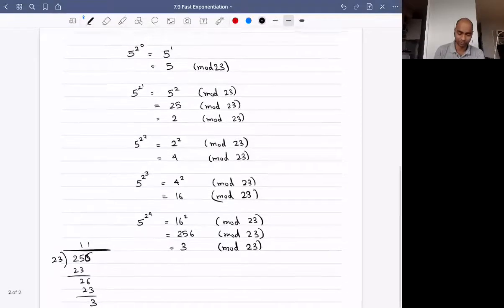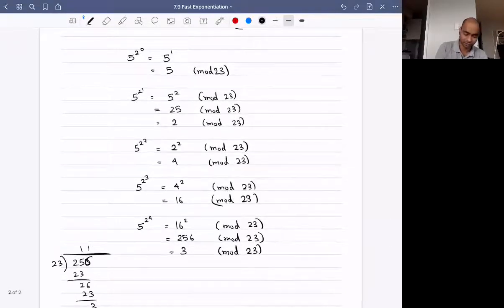So what I've computed is I've shown that the first power of 5 is 5 mod 23. Then I've stored in my memory that the second power of 5 is 2 mod 23. Then the fourth power of 5 is 4 mod 23. Then the eighth power of 5 is 16 mod 23.